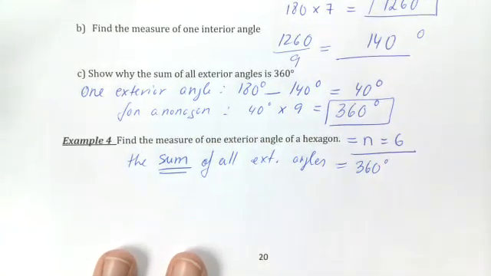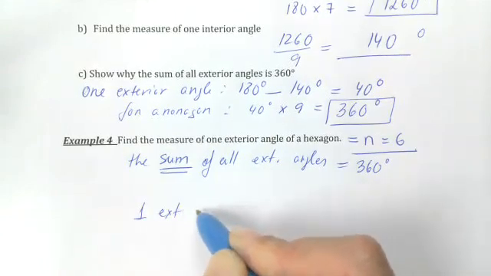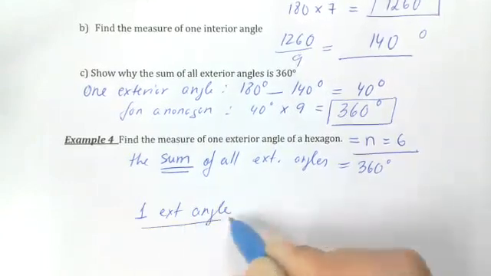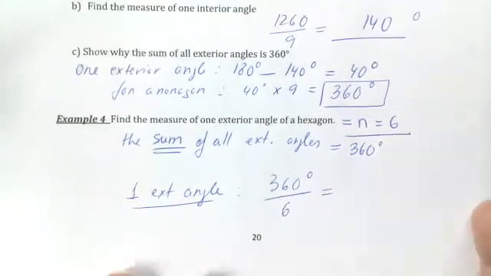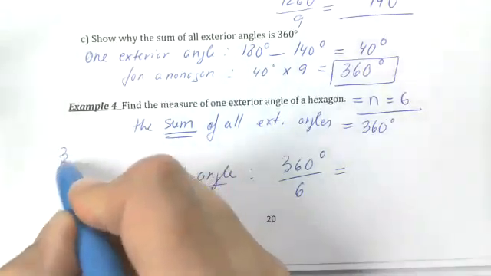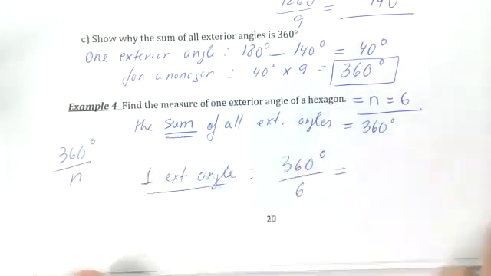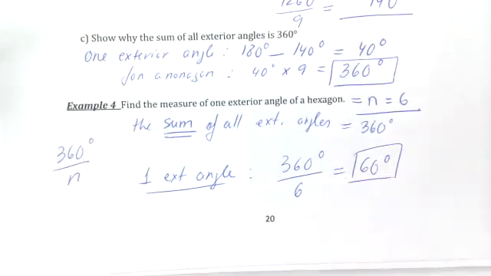Now, if there are 6 of them, how do I find one of them? If 6 of them are 360, how much is one of them? What do I have to do? Divided by 6. Thank you so much. 360 divided by 6, or you can make a formula for yourself. 360 divided by n is 60 degrees. One exterior angle, 60 degrees.